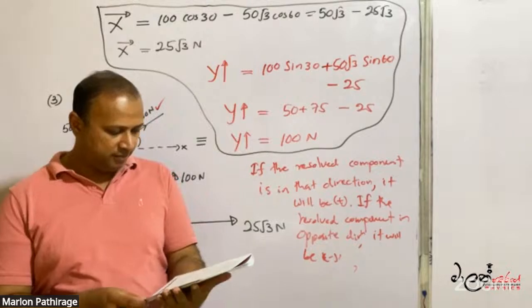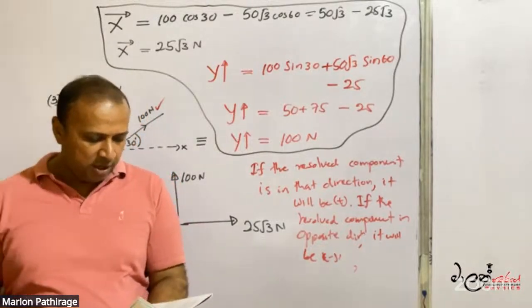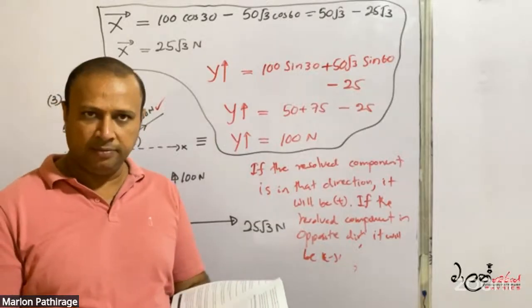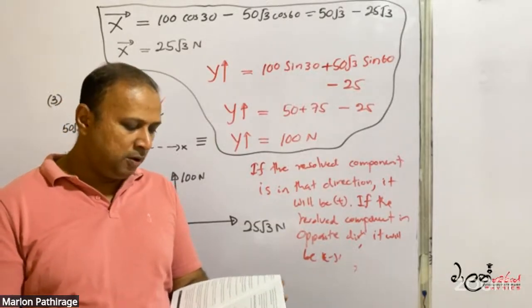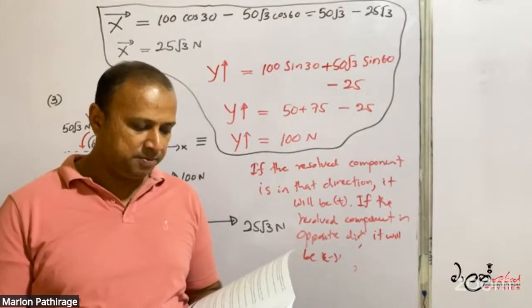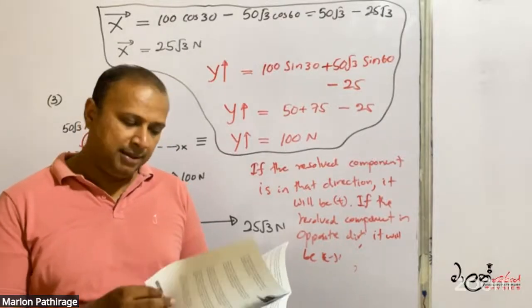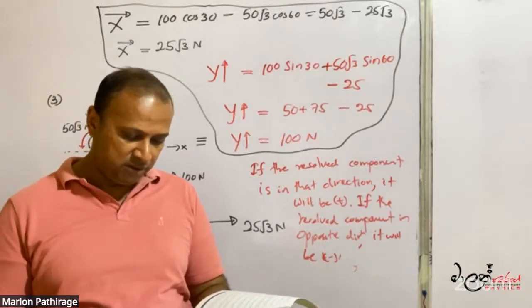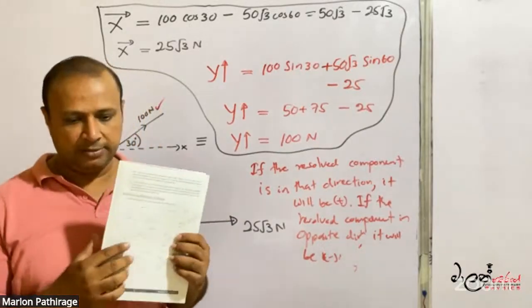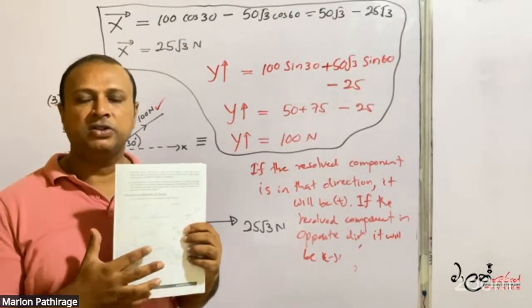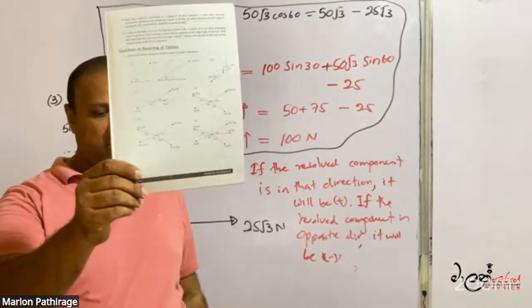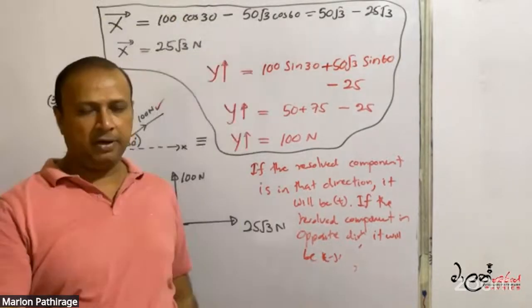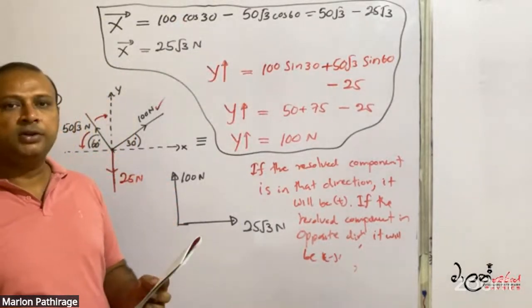Question number one: resolve the below vectors or vector system in x and y direction. There are 7 questions in Vectitude. You start to do them.